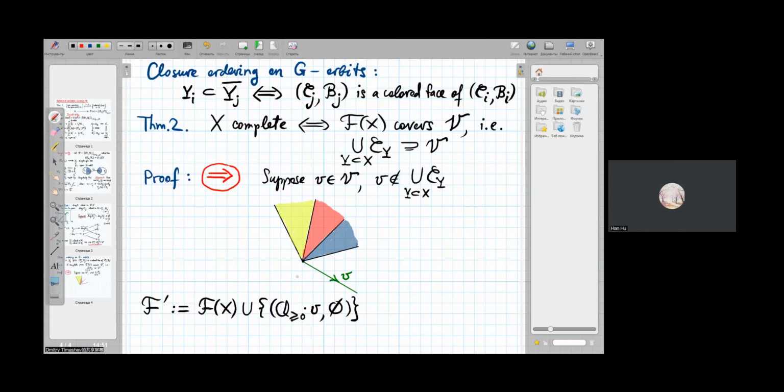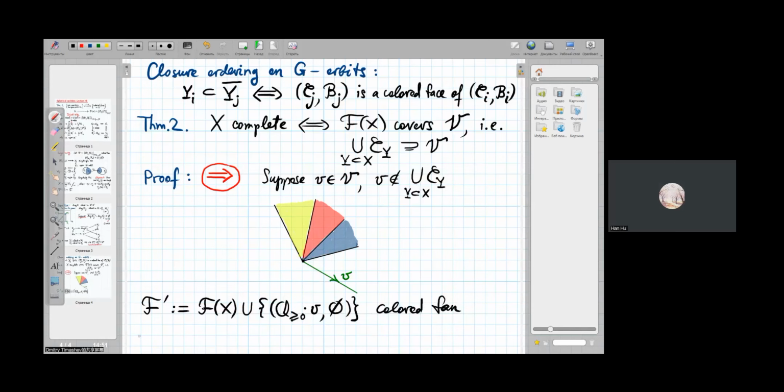But the zero face was already present in this fan, so this set is still closed under taking faces. And again, the relative interiors of the cones do not intersect because of this condition, so we get a bigger colored fan.